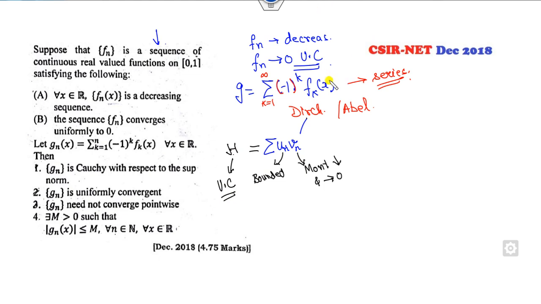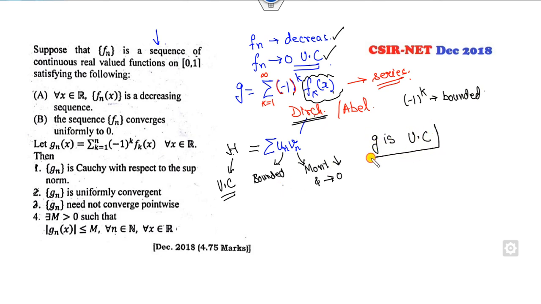Now you can see that fn is monotonically decreasing, fn converges to 0, and we all know this is a bounded sequence. So by the Dirichlet test this g is uniformly convergent.